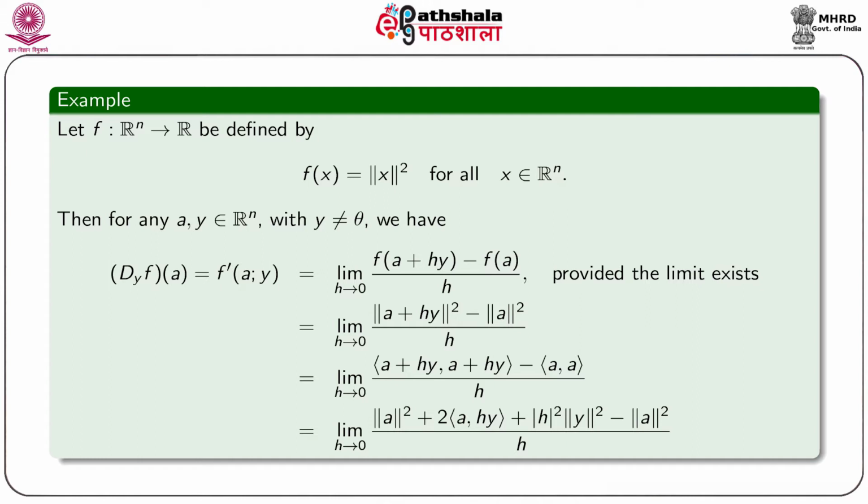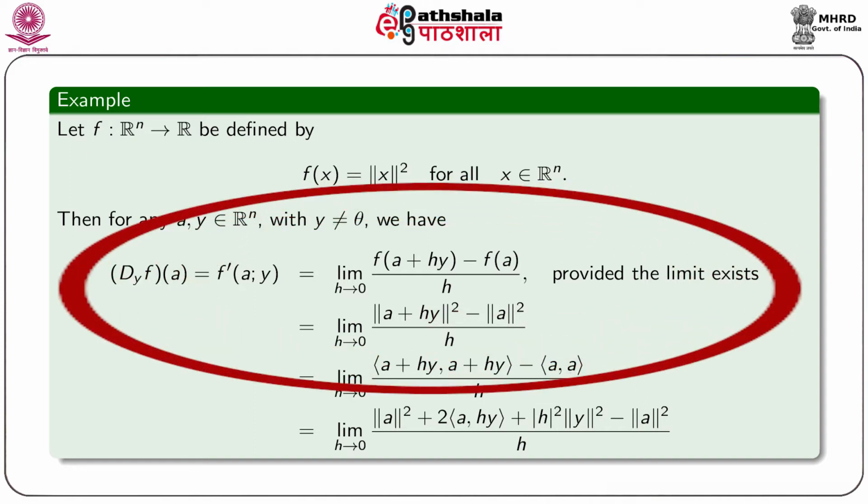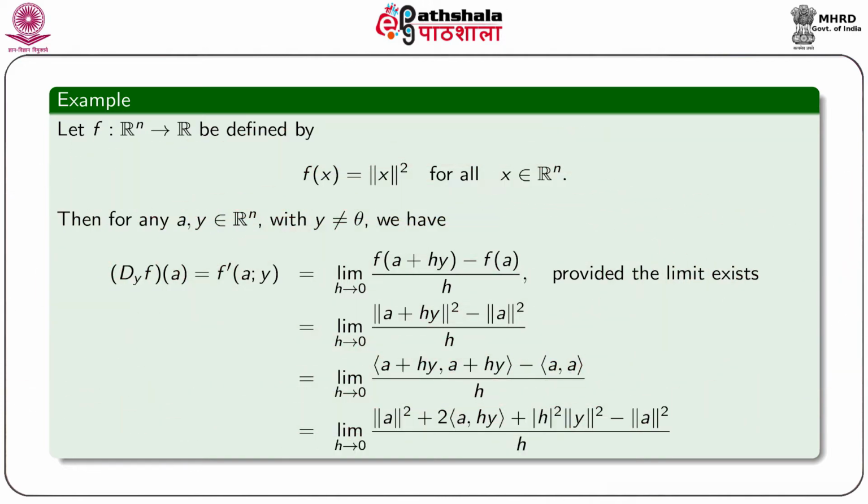Now, we select any a, y in Rn where y is different from the 0 vector. We consider the limit of the quantity f(a plus hy) minus f(a) by h as h approaches 0, provided the limit exists. We put the values of f. We know for any vector x, norm x square equals the inner product (x, x).